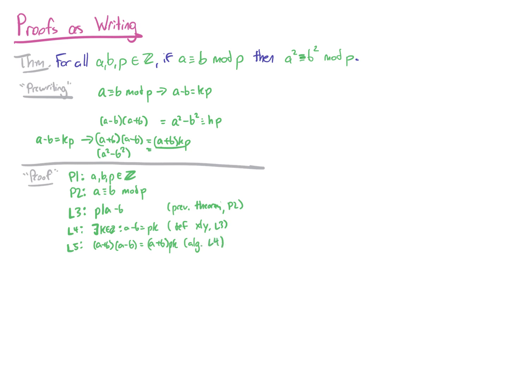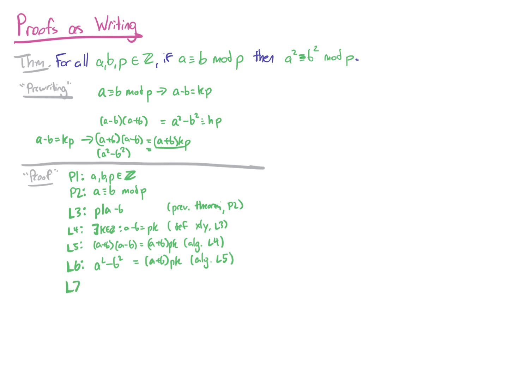Okay, moving on, line 6. In line 6, I'm going to simplify. a squared minus b squared equals a plus b times pk. I know that because of more algebra, and I'm using it on line 5.